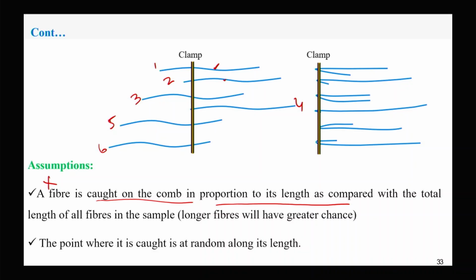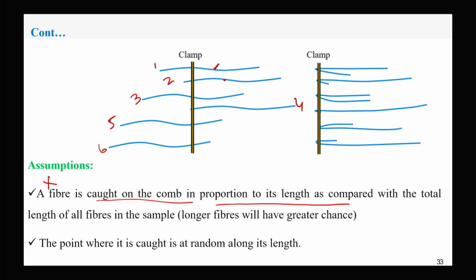It's a flexible one, and the clamp is there, and this fiber will form a fold. It's a loop. Now if you consider fiber number 3, at the center, this will form a loop like this, where both the ends are equal.